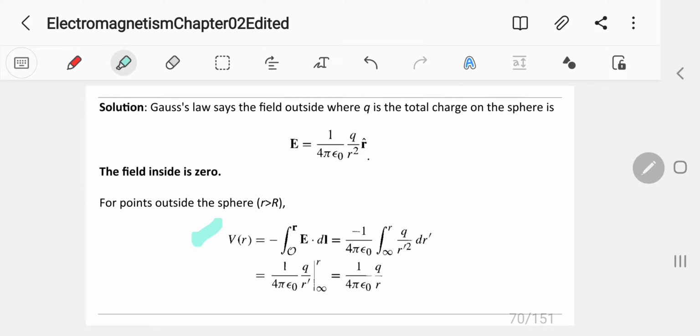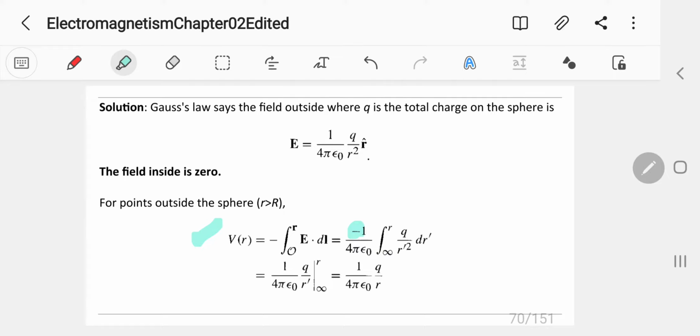So you have the integral of dr prime over r prime squared, which is negative 1 over r prime, so that cancels the negative here, and it becomes positive.